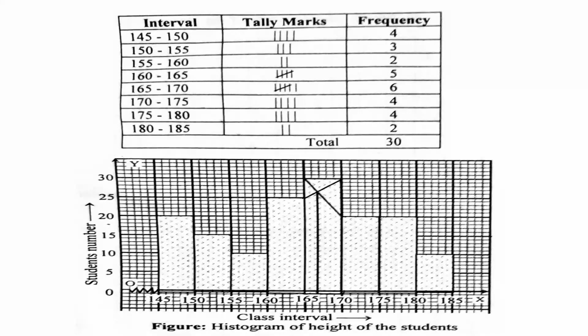Now the histogram. Class interval on the x-axis and number of students on the y-axis. Here class interval 145 to 150, frequency is 4.